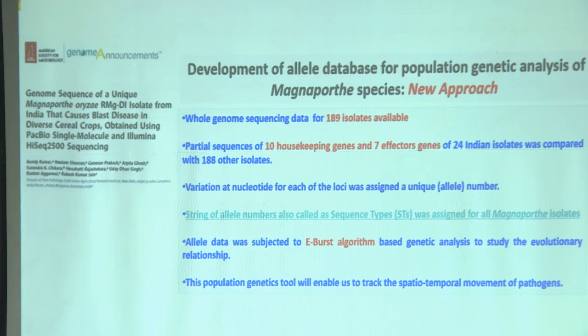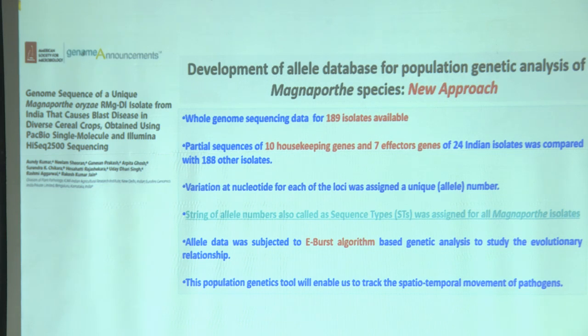If you are doing it for the first time, you are going to assign the number for the first time, right? If reference sequence is already there, if the reference sequence was not assigned allele number, then again you are going to assign the allele number for the first time. So, let us see how we went ahead of this particular work.